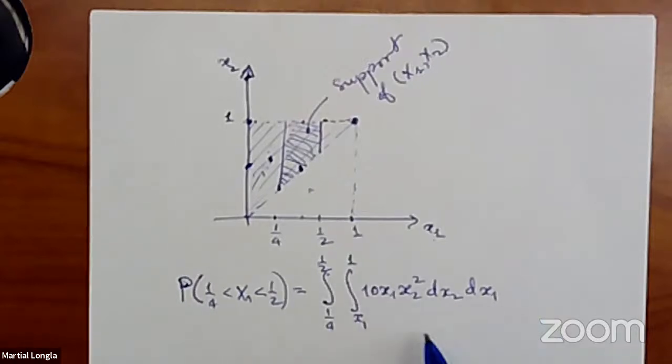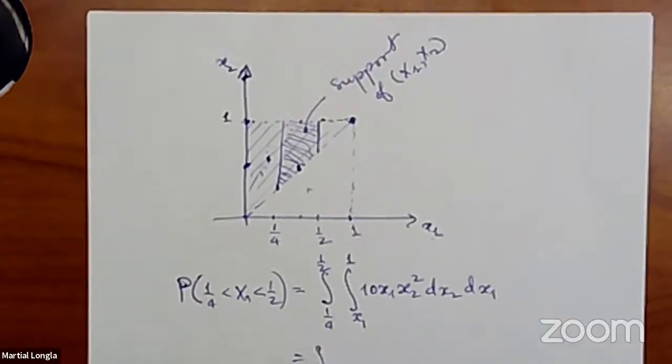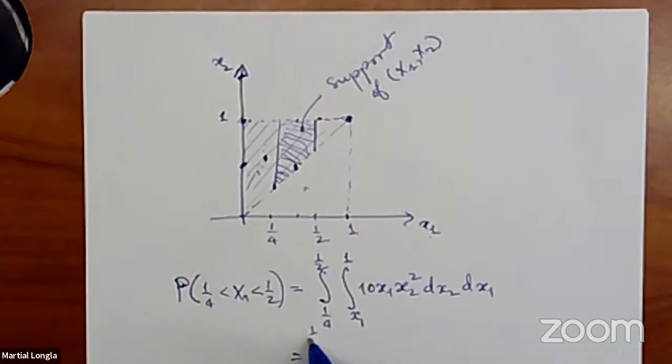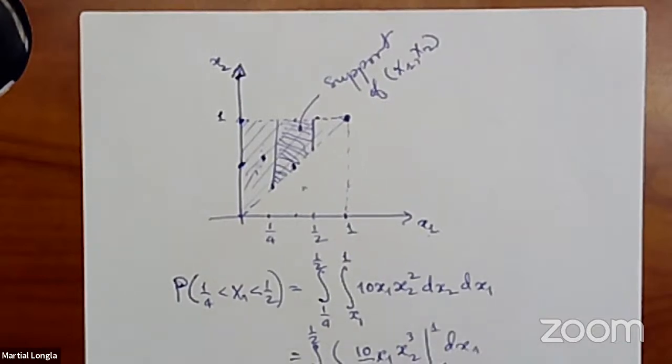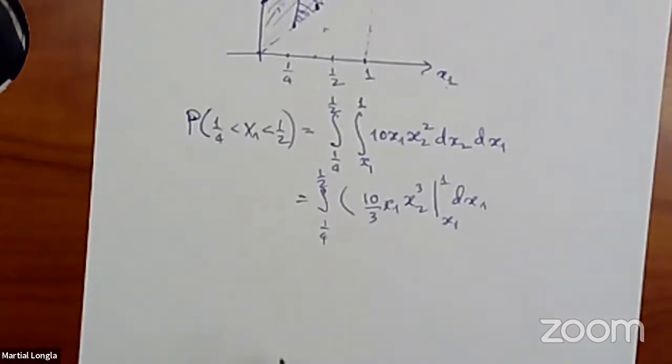So now we can integrate this thing. So it's going to be integral from 1/4 to 1/2 of, and this integral is 10/3 x1 x2 cubed from x1 to 1 dx1.